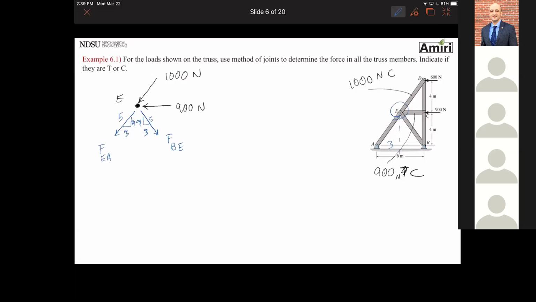All right, summation of forces in x equals 0. Anything that points this way is going to be positive. So I have F EA. It's going to be 3 over 5. That's going to be negative. I have FBE.